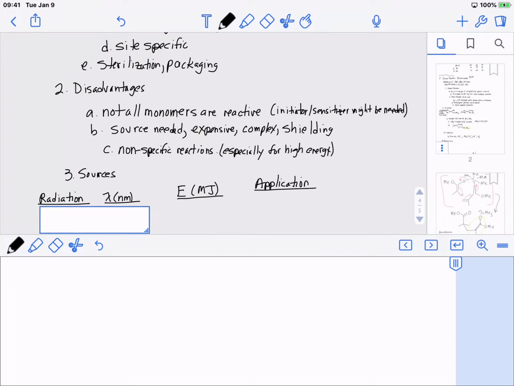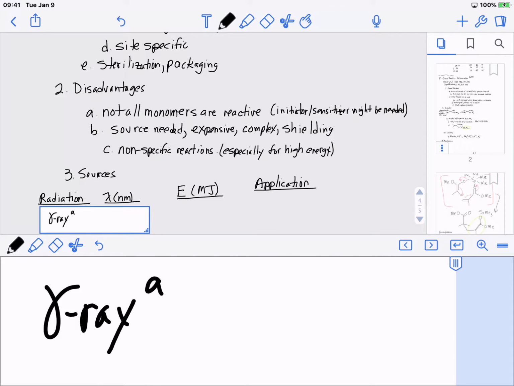Okay, so we can use gamma rays. Gamma rays are just really high energy. I'll put a letter A there, and I'll add some notes down below a little later.